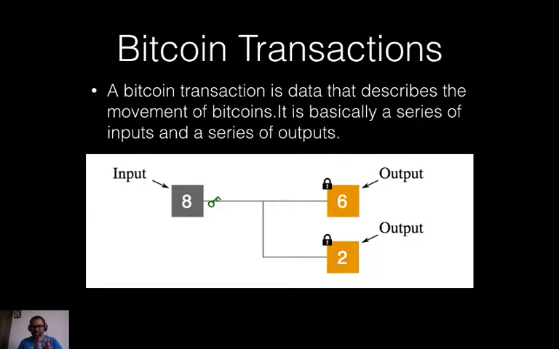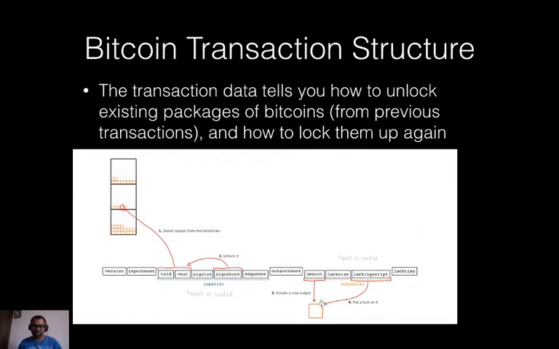And this chain of transactions is what is organized in a block, and these blocks of transactions are known as the blockchain, which is kept on each and every node in the Bitcoin network.